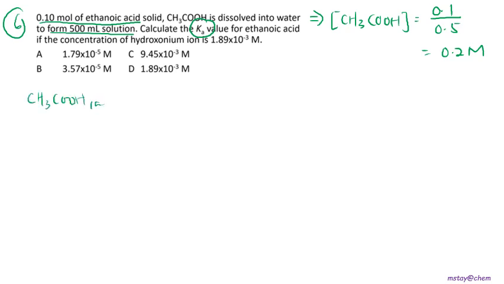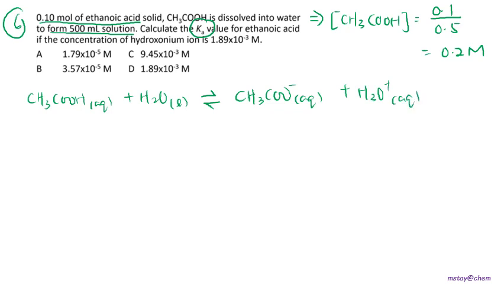CH3COOH dissociates in water, and we're going to produce CH3COO minus and also H3O plus. So initial, change, equilibrium. Initially there is 0.2 molar aqueous CH3COOH, and water we can ignore.